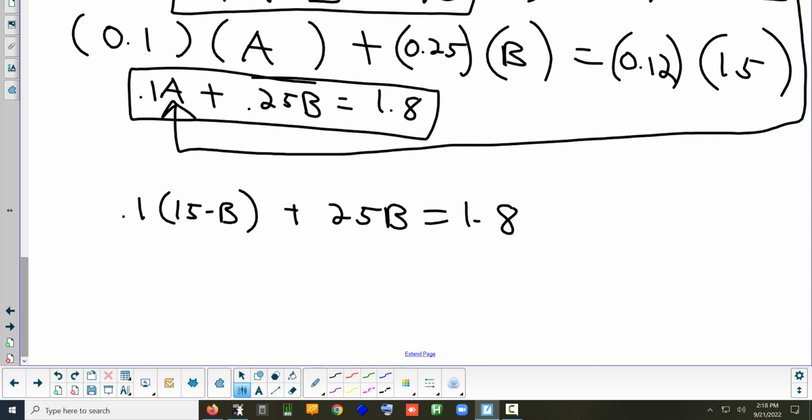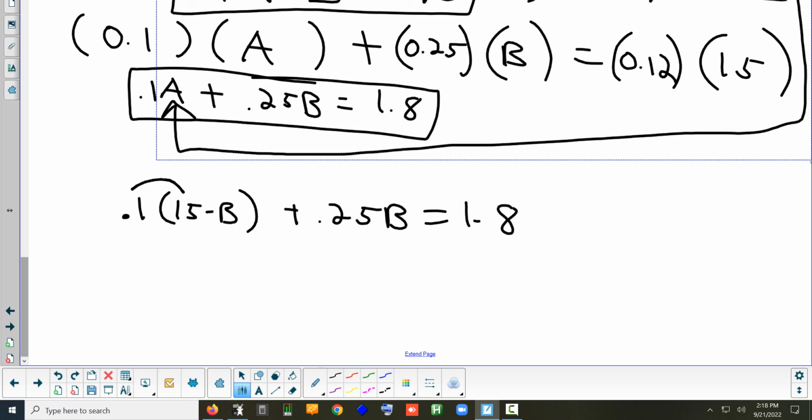And that's a decimal. Now, if you look at that equation, there's only one type of letter. It's just a B. Before we had two types of letters, A's and B's. That was a problem. So we had to use substitution to get rid of one of the letters.